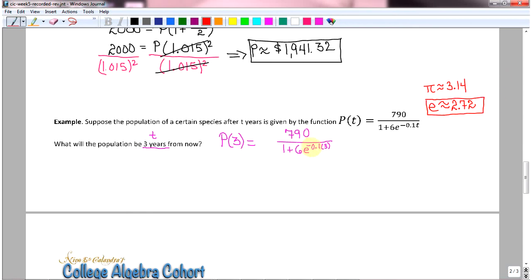Now we're ready to evaluate this expression. Let's simplify the exponent first. We'll have 790 divided by 1 plus 6, then E raised to the negative 0.3 power.